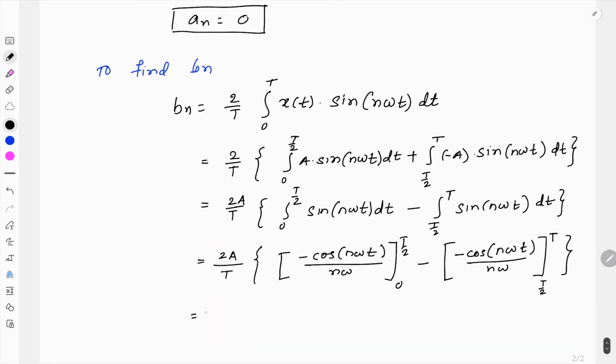So here n omega is at denominator, in both the terms we can take it as common, so here we have 2a upon n omega t, and now apply upper limit minus lower limits.